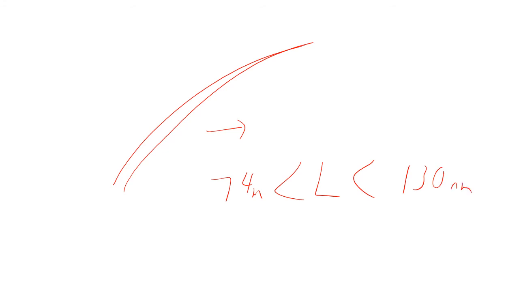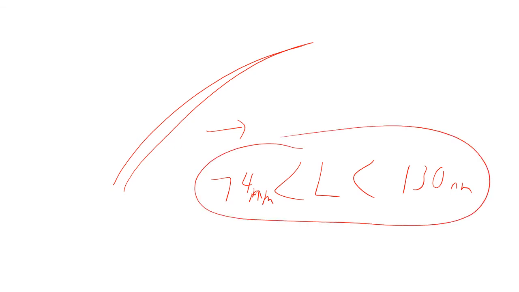And so that's the range of thicknesses that would give you that. Now, if the thickness is more than that or less than that, then you don't get that color reflected.